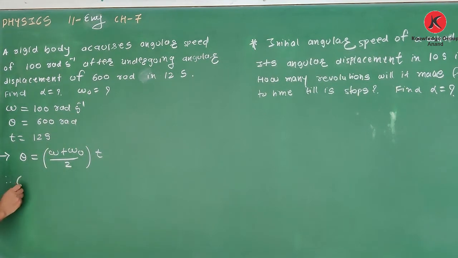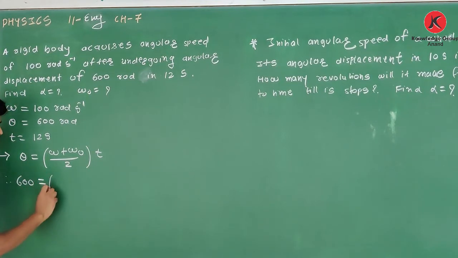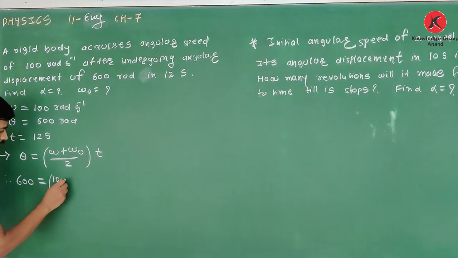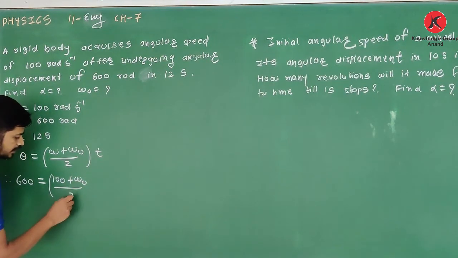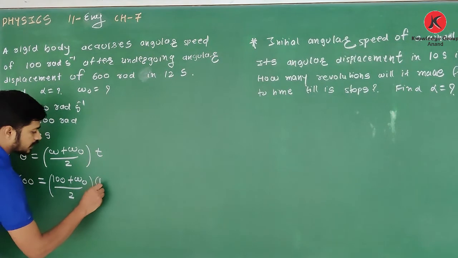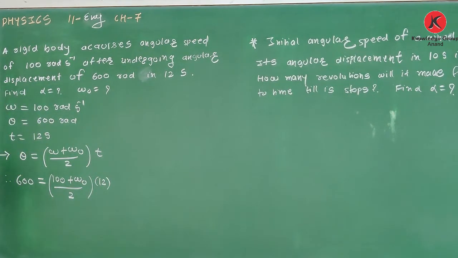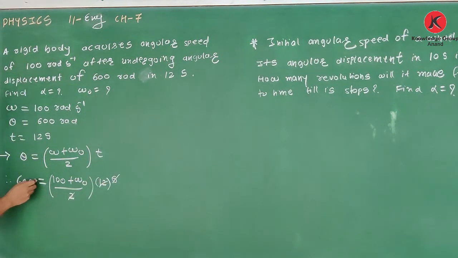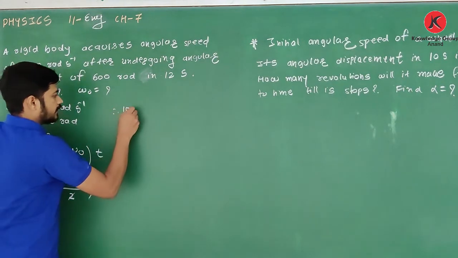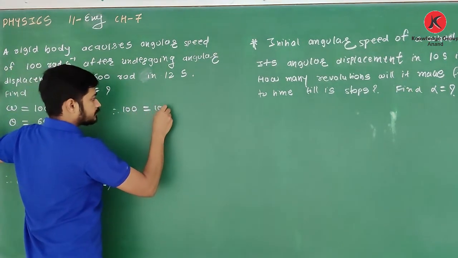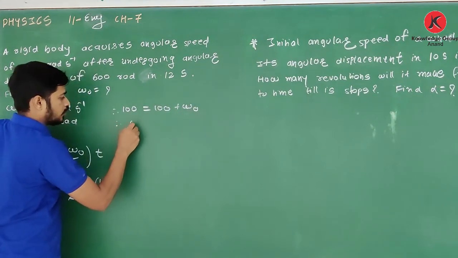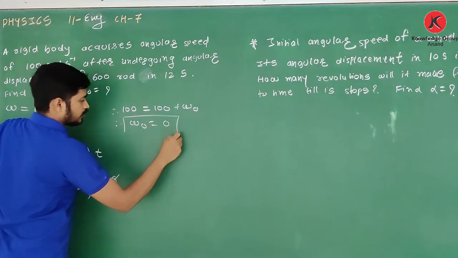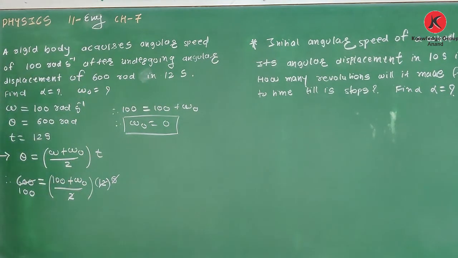So 600 is equal to (100 plus omega 0) divided by 2 into 12. Simple, 2 into 6, 6 into 100. So 100 is equal to 100 plus omega 0, and therefore omega 0 is equal to 0. It means the initial angular speed is 0.